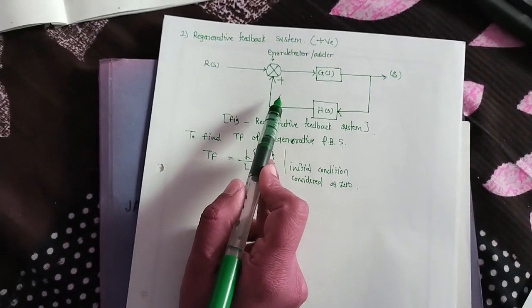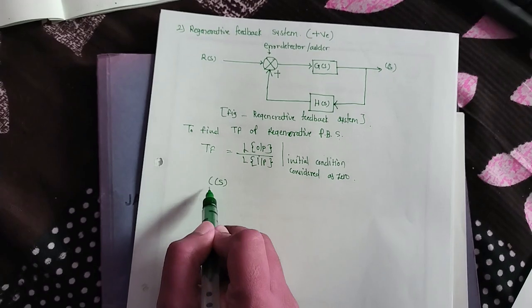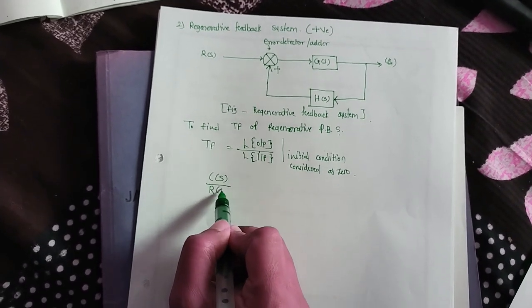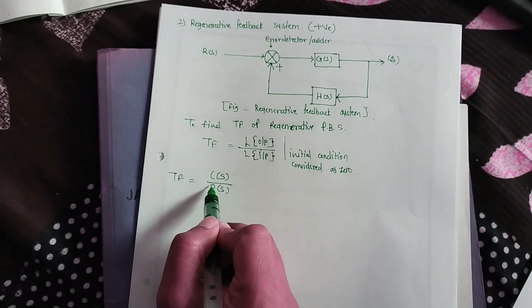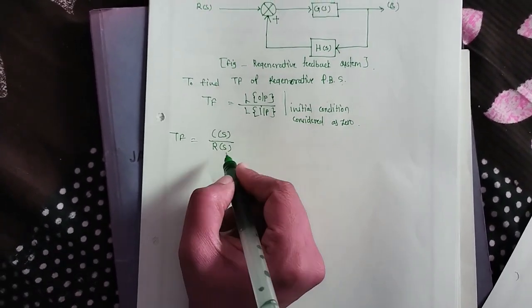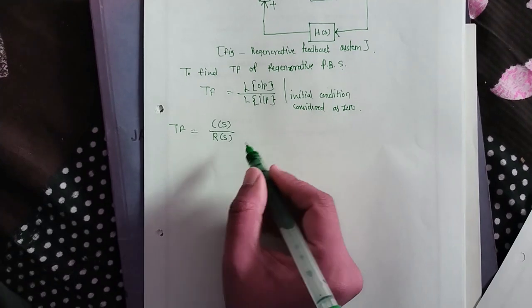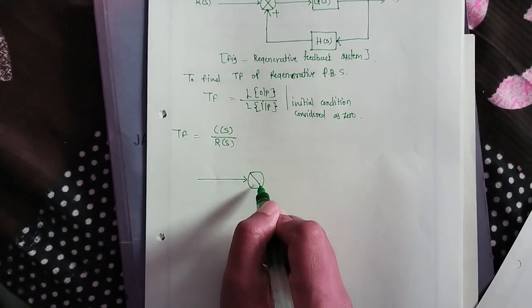From this block you will have the output as C of S and the input as R of S. So simply you have to find the transfer function in the form of C of S to R of S. Let's first understand how the signal will come.